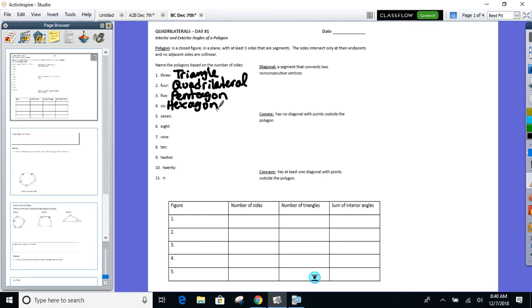And then usually this is where I start losing people. 7. I believe septagon is another way. I have heptagon. I think septagon is another version. 8, and it's not the stop sign. Octagon.